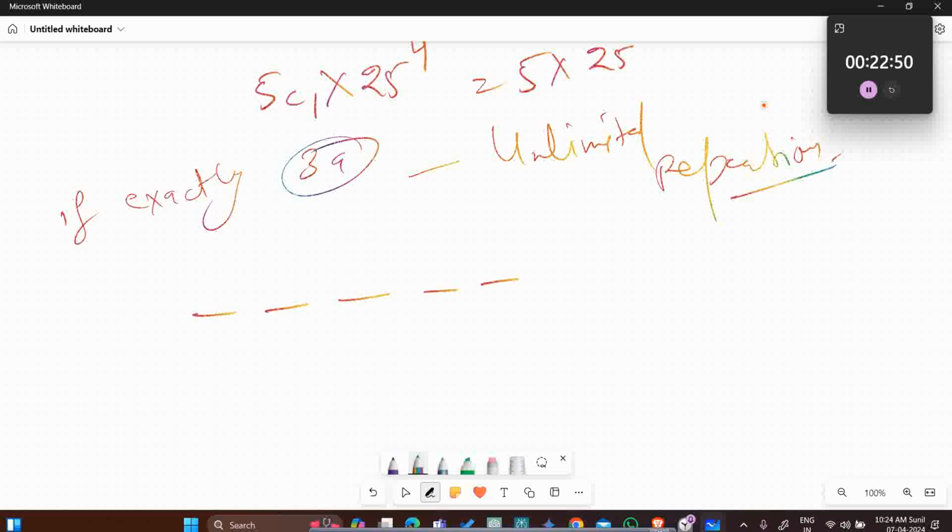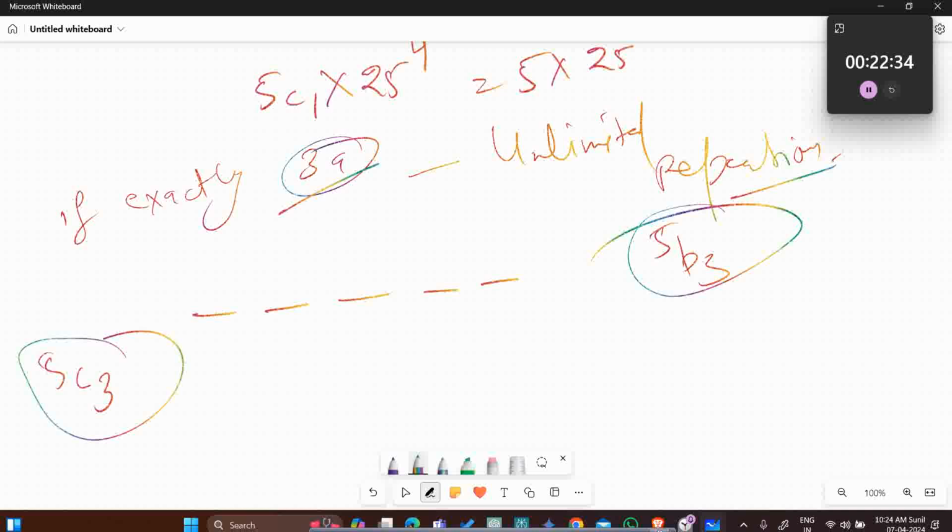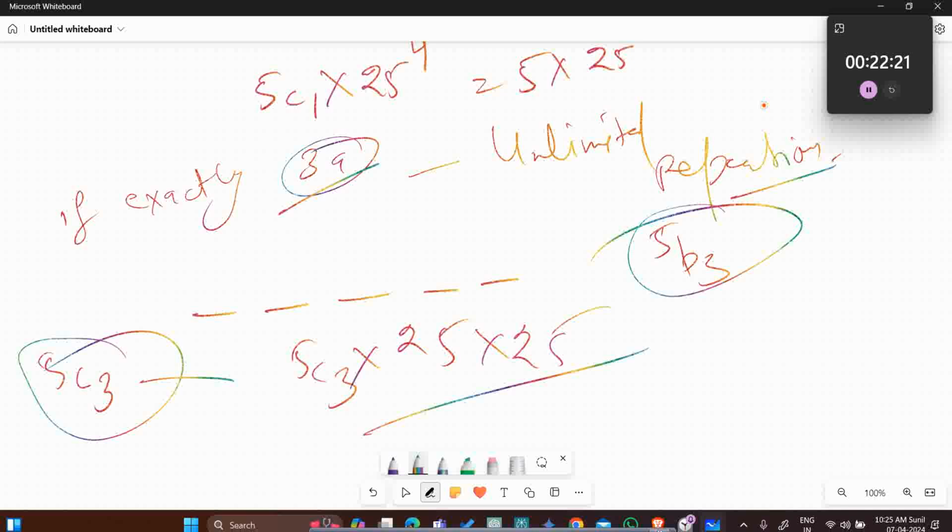Select 3 places to put A. So what we can do, because the A's are identical, alright? So it would be like 5C3. If the A's were not identical, it would be like 5P3, right? Permutation. So the A's are identical, then this is 5C3 only. Then 5C3 into 3 are there. For the rest this is 25 into 25, right? This is how we do it.